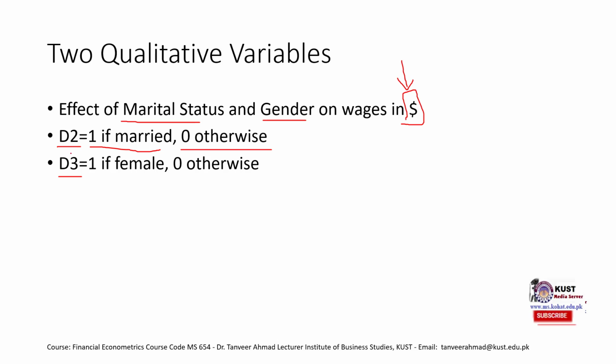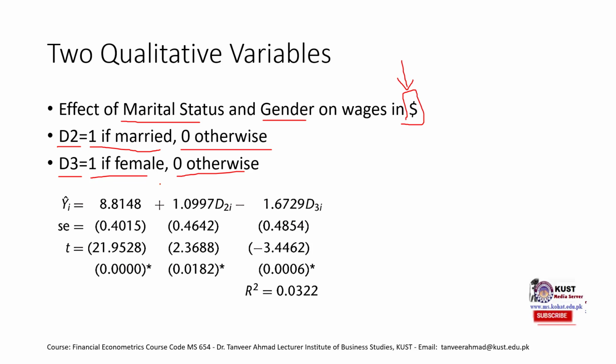You can name it as you feel convenient. So we would give it the value of 1 if the individual is female and 0 if the individual is male. Okay, so after running the regression of these two independent variables on the wage variable, we would get this output.